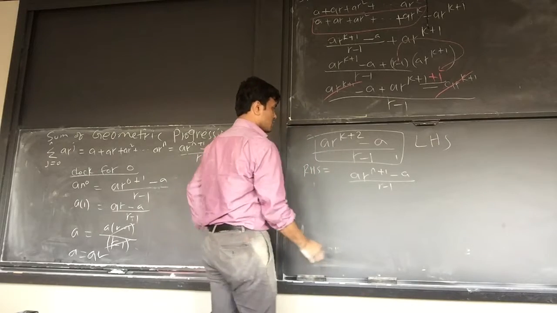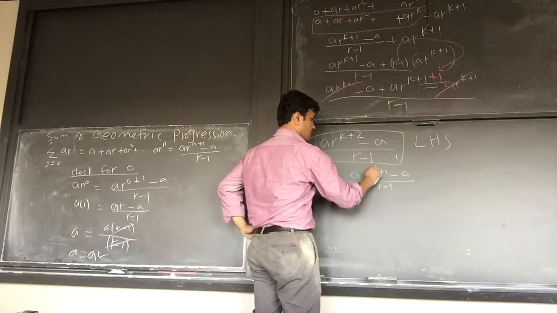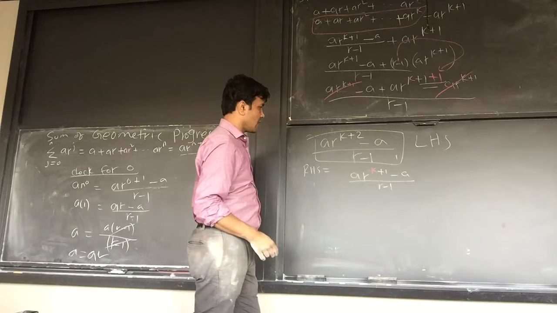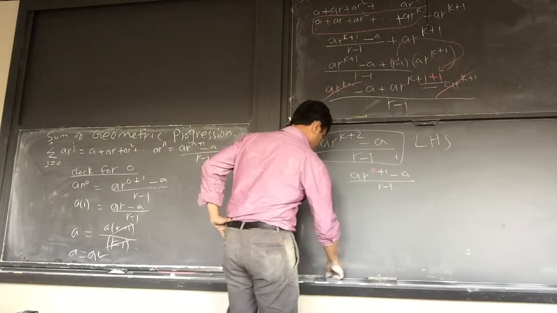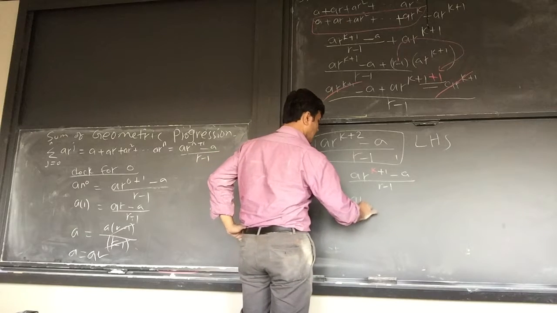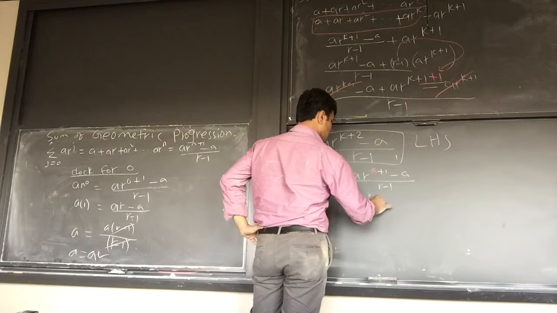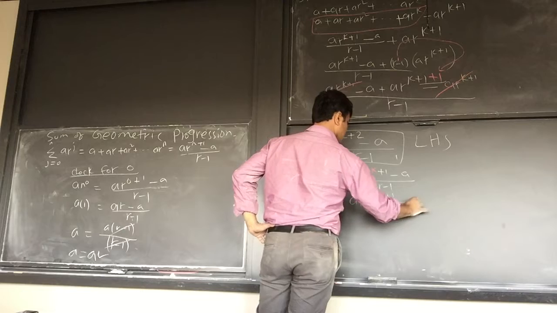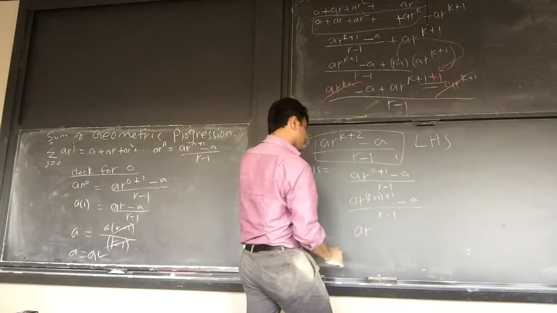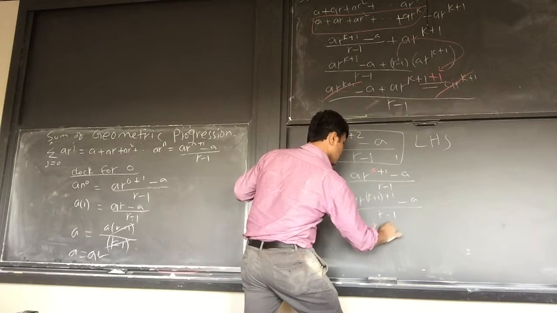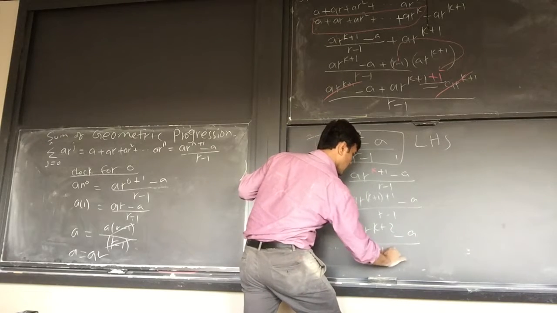As we've been doing it for a long time, every time you see n, you replace it by k. They look good now. So you're gonna write (ar^(k+1+1) minus a) over (r minus 1), so ar^(k+2) minus a over r minus 1.